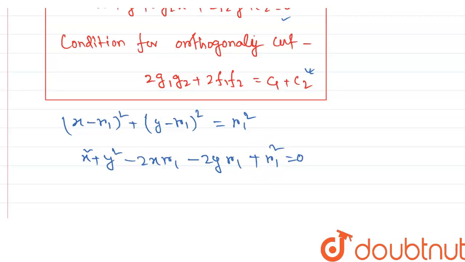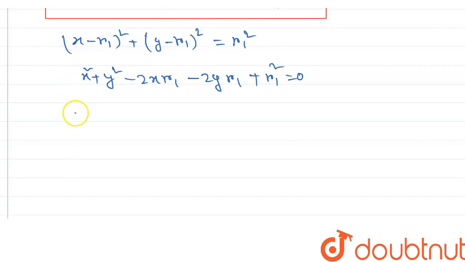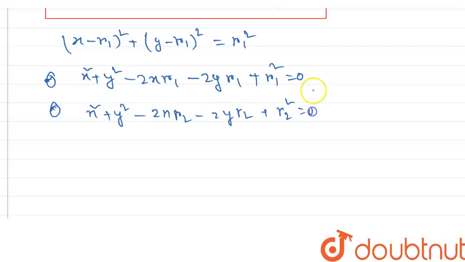Also for the other circle, we replace r1 by r2: x square plus y square minus 2x r2 minus 2y r2 plus r2 square equals 0.